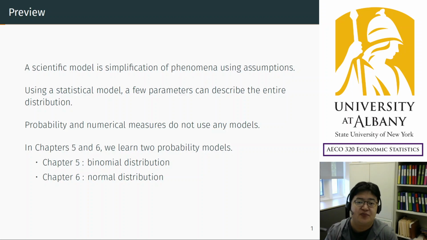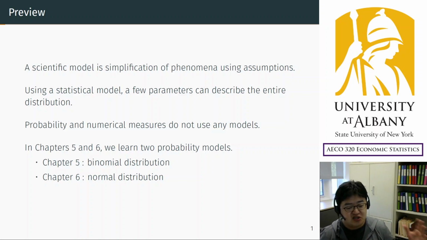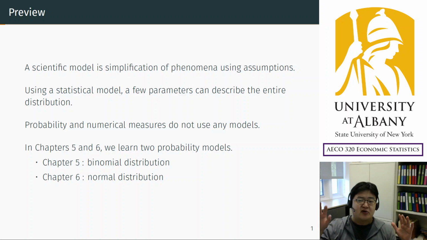That's science. And in statistics, there are also statistical models. And today, we are going to learn the simplest possible statistical model. The distribution may look very complicated, but under several assumptions, we may be able to simplify the distribution a lot.